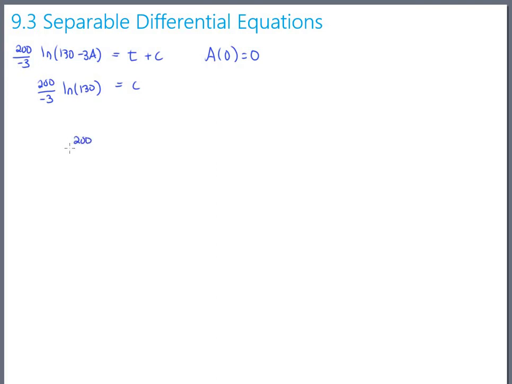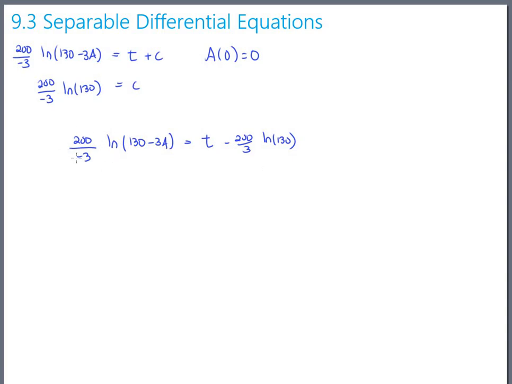So the full equation looks like this. And I do want to go ahead and solve this for A. So a couple more steps. So we actually have a function that says the amount equals.